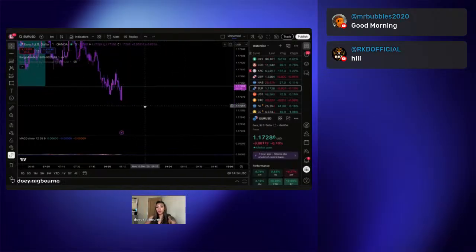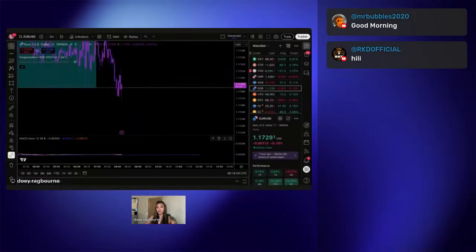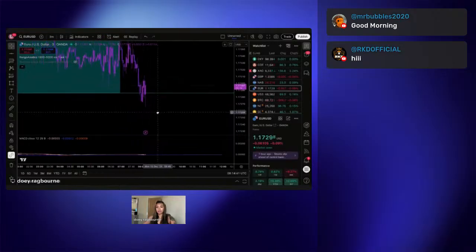So if we want to wait on the 1 minute, I quite like the 3 minute. It's kind of like the in between. We wait for the 3 minute to actually give us some new bearish structure. And what I mean by new bearish structure is that we're not looking at old structure, because the fact that it broke these lows over here, that's old bearish structure. We want this continuation to the downside.